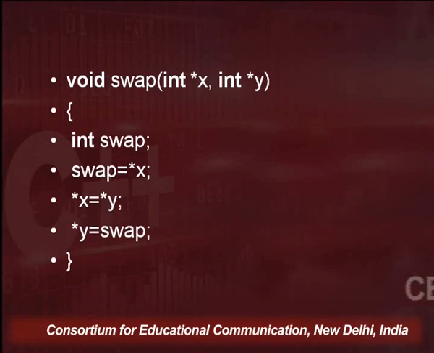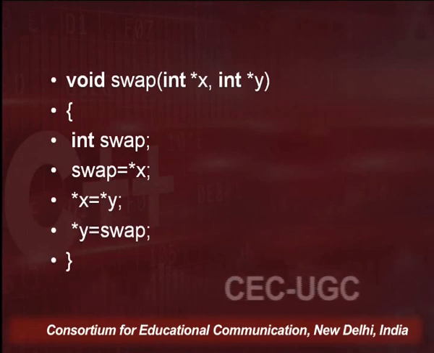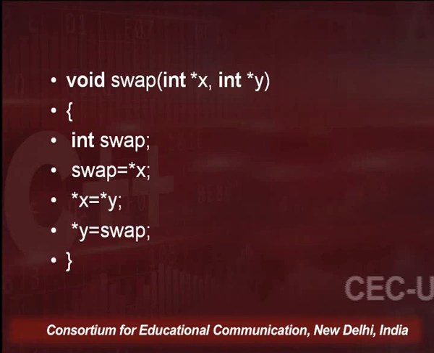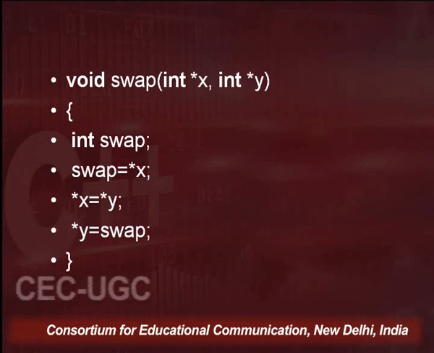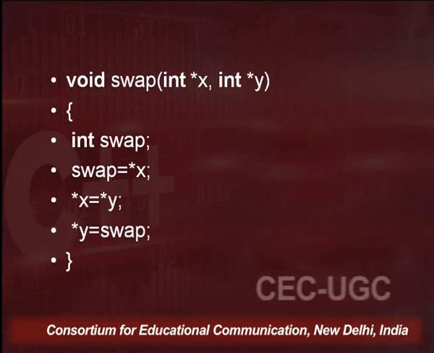So with the help of these pointer variables and the value-at operator, value at x is given to swap, then value at y is given to value at x, and then whatever value is stored in swap is given to value at y. So here is the definition of the function swap.